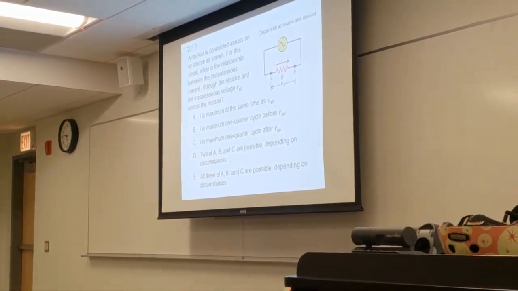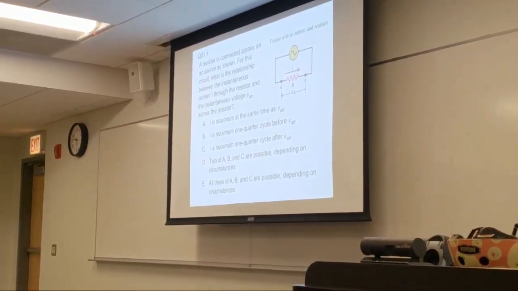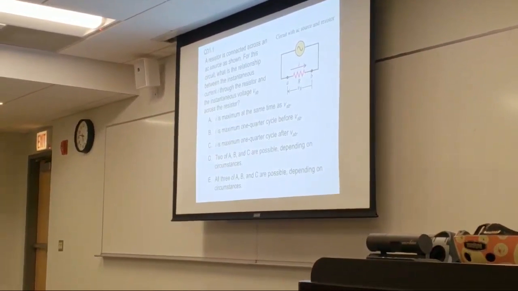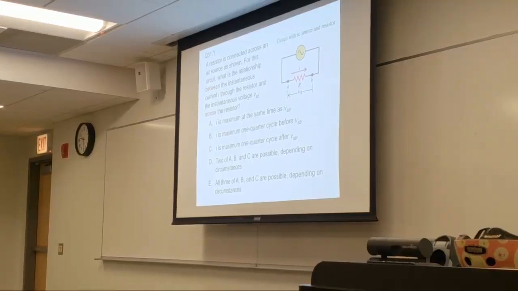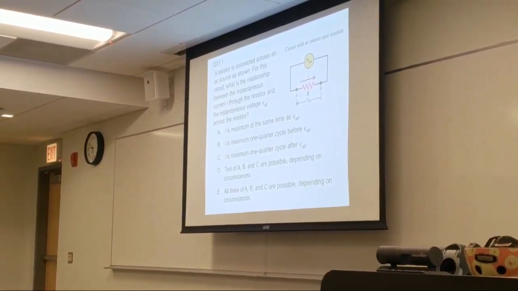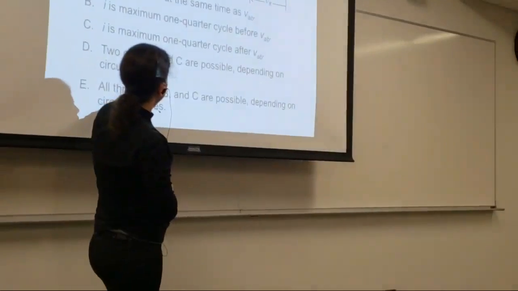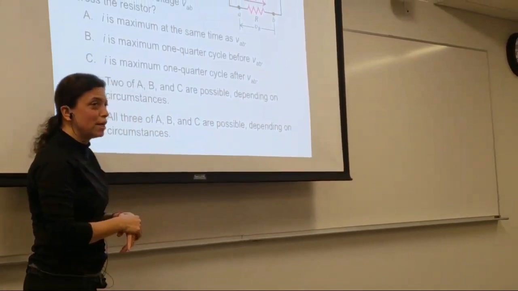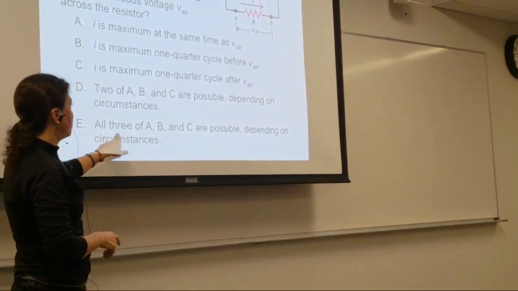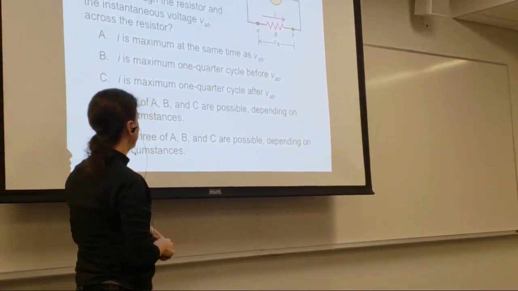So I is maximum at the same time as the voltage across AB. Is it a quarter of a cycle before, or a quarter of a cycle after? Are they out of phase? A, B, and C are possible depending on the circumstances.